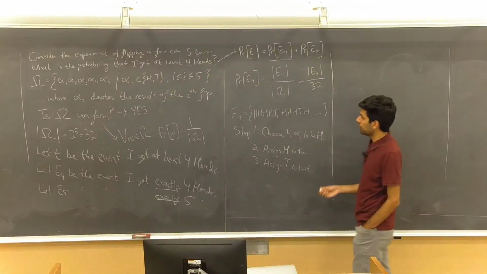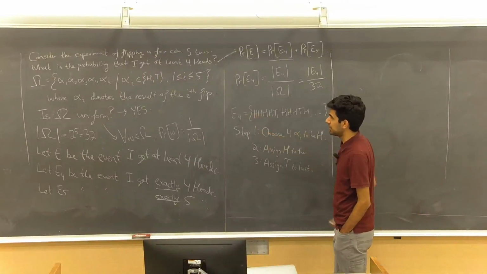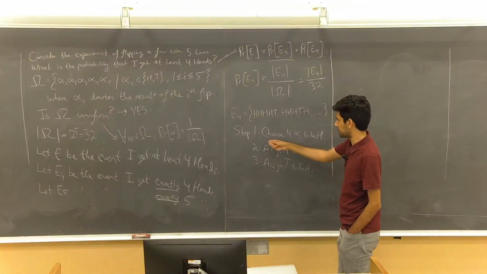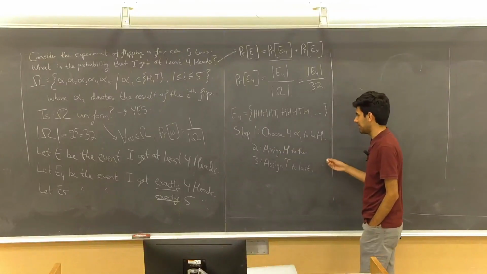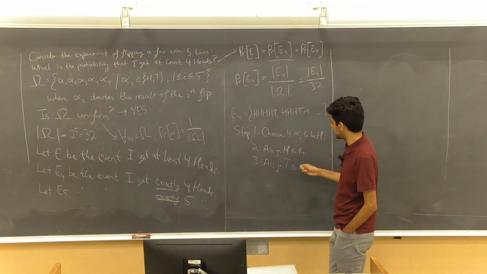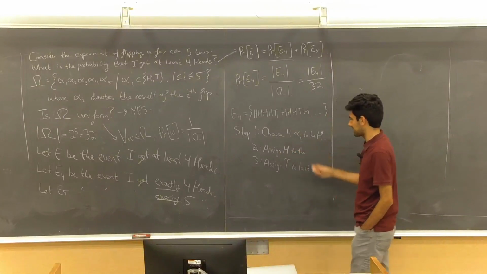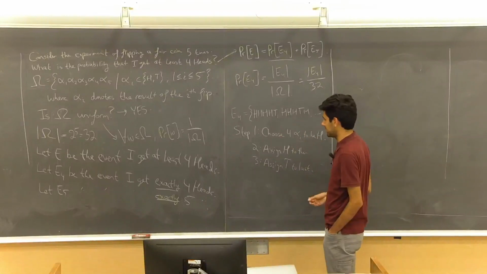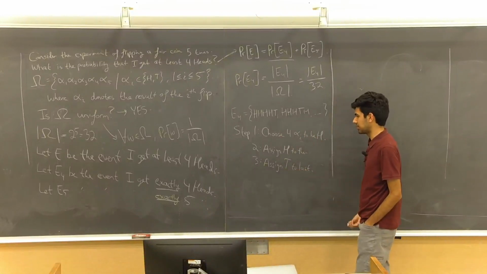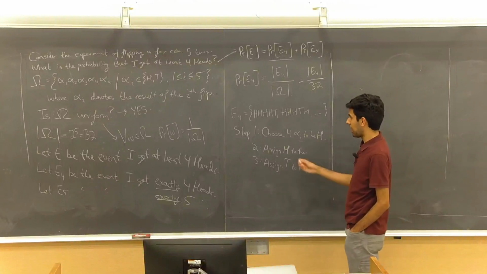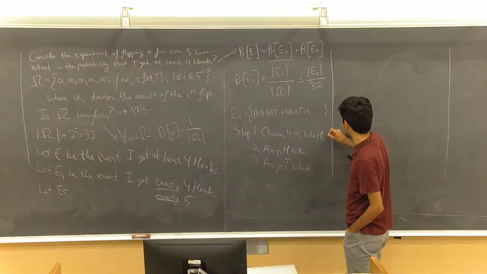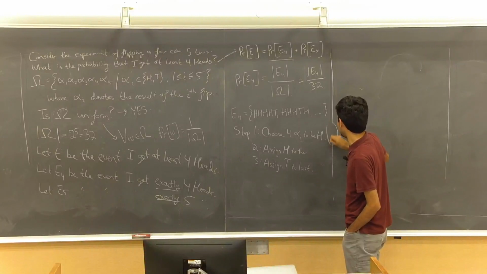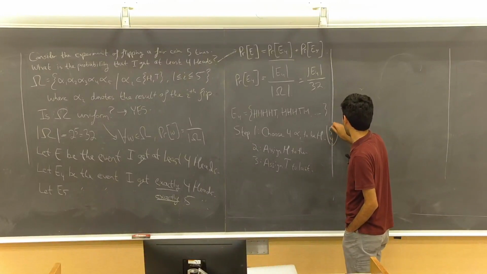Well, I want 4 of my alpha i's to be heads, so I will simply choose 4 of my alpha i's to be heads. Then I will assign the heads to the alpha i's that I just chose, and whatever is left over, the last alpha that I didn't touch, I will give it the value t, tails. So how many ways are there to perform this procedure? Step 1, 5 choose 4.